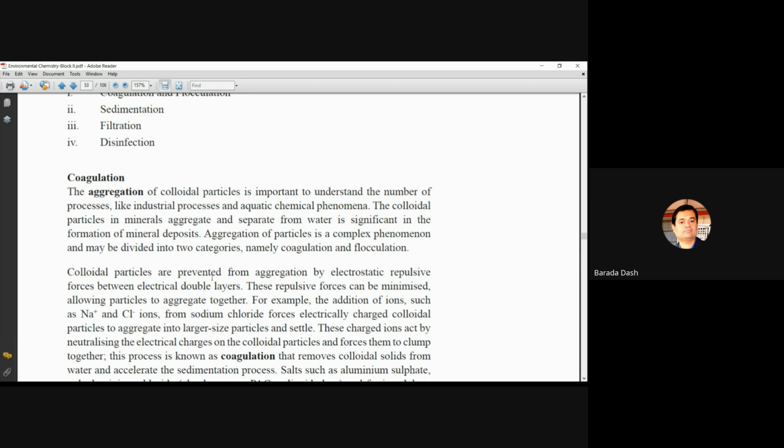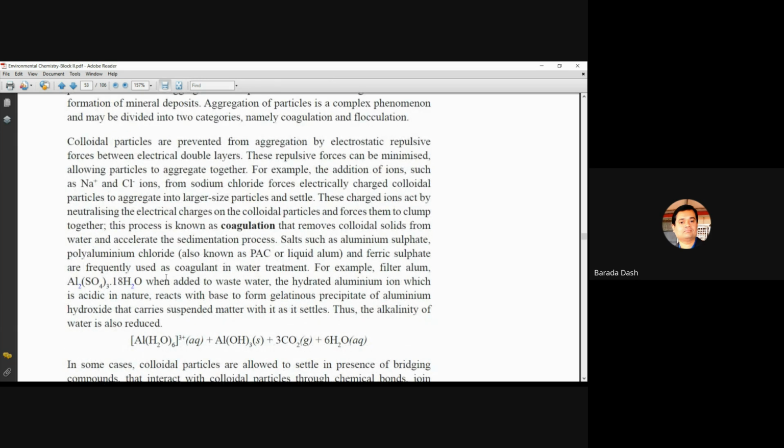You add a coagulant, which helps in the formation of larger particles of the pollutant molecules, and when the particles become larger, they will gradually settle down because their settling velocity will increase, and with the gravitational force of the earth, they will settle down. So that's how we can separate the pollutants by the coagulation process.